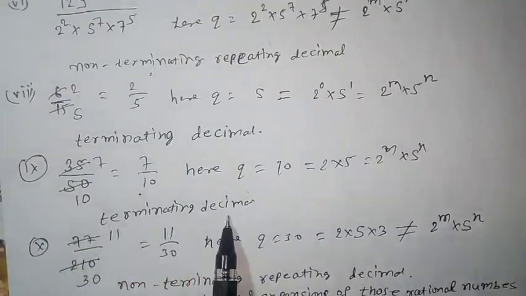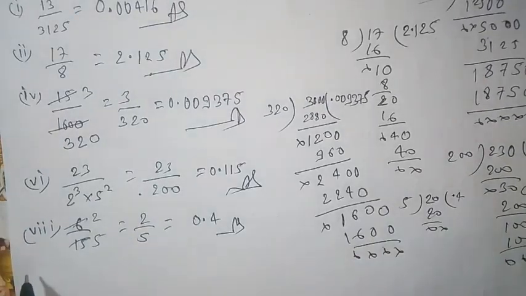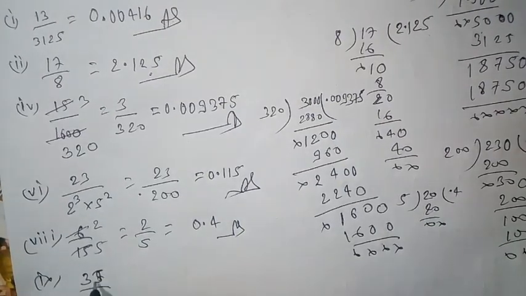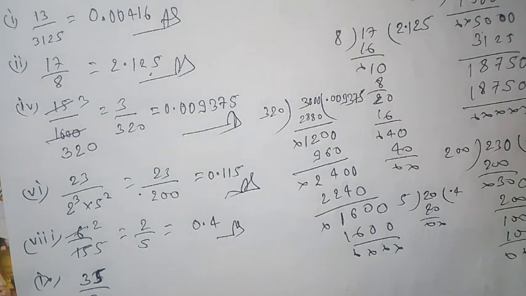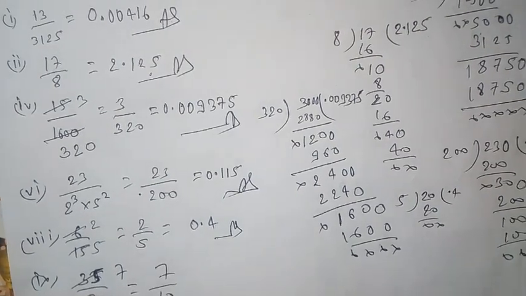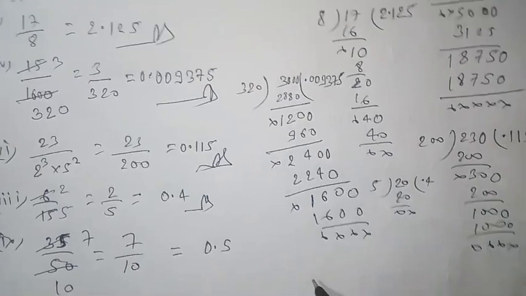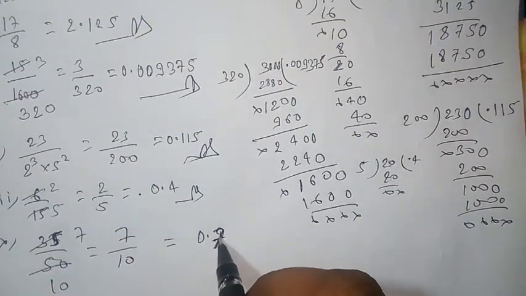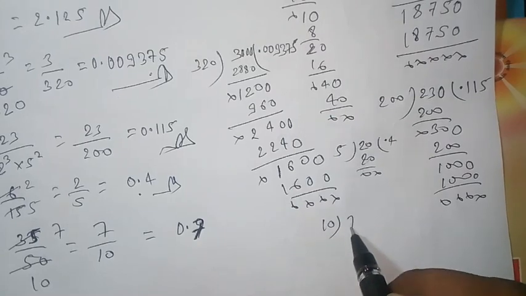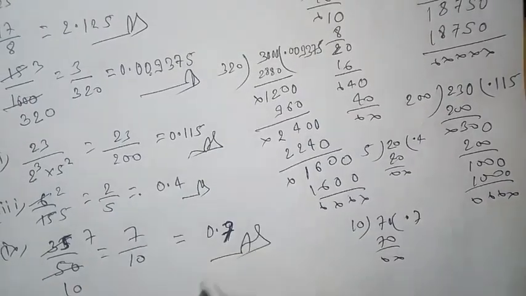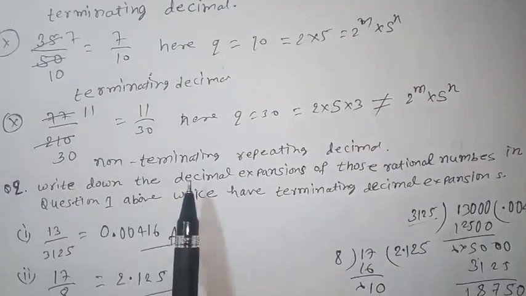Question number 9 is also a terminating decimal. 35 by 50, which is 7 by 10. When I divide 7 by 10, I get 0.7, answer. Question 10 is a non-terminating repeating decimal.